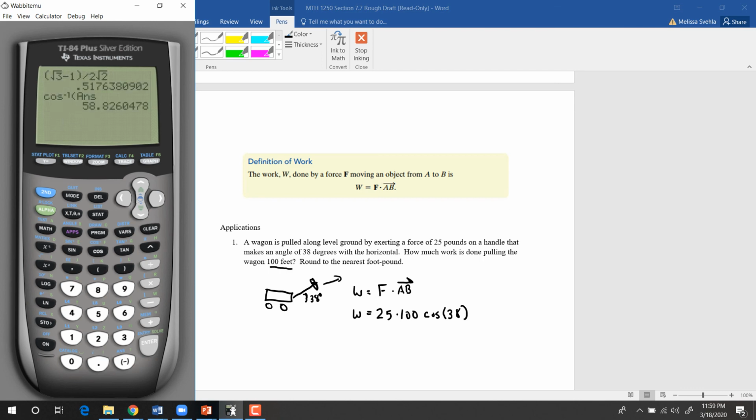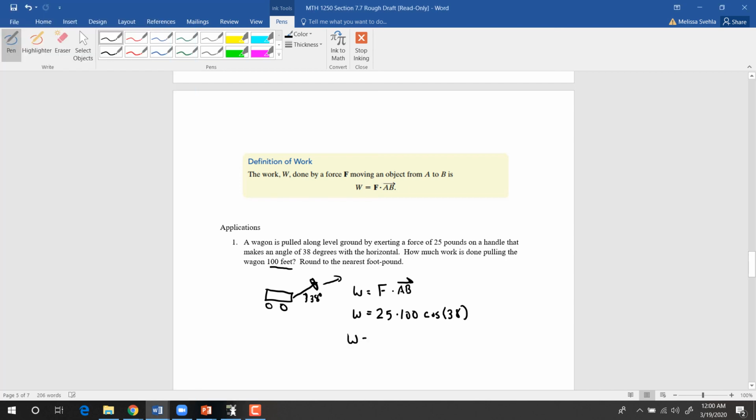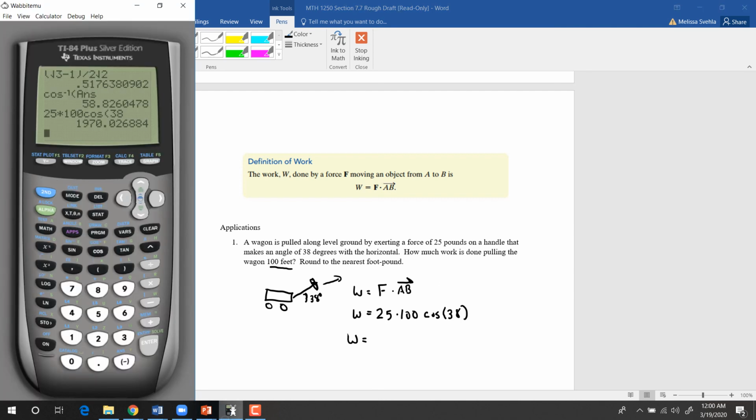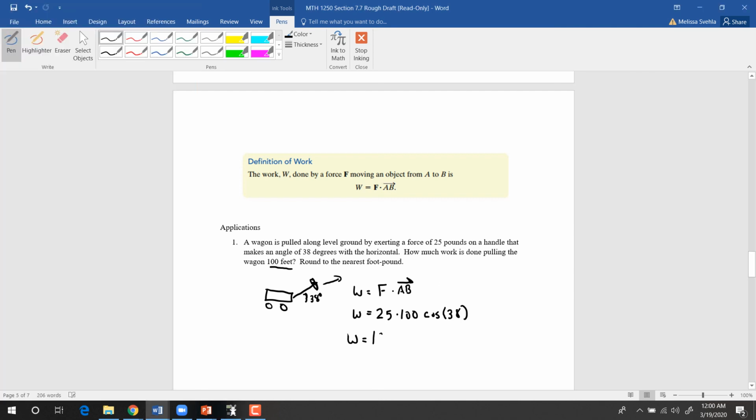And we are, so we're good. So I'll do 25 times 100 cosine of 38. Okay, and so we get the following. My answer is going to be 1970 foot-pounds. And that is my answer.